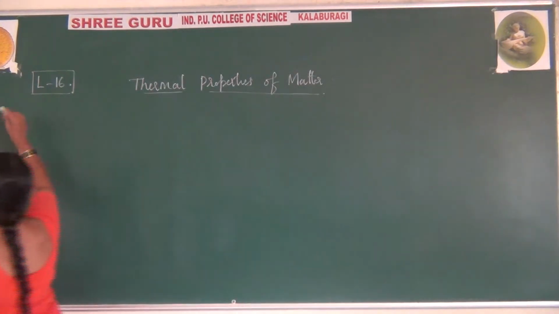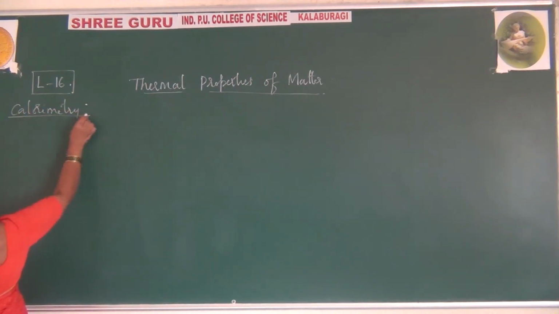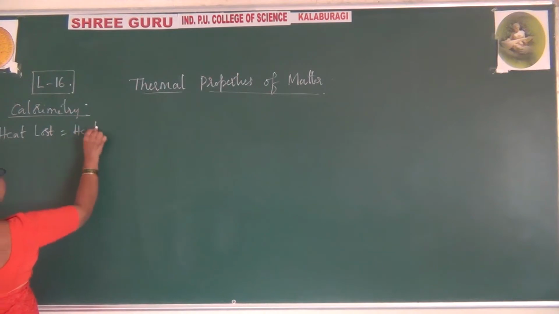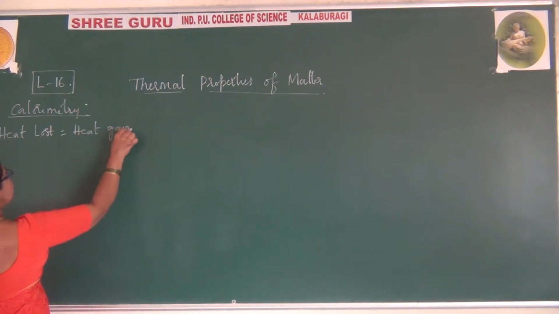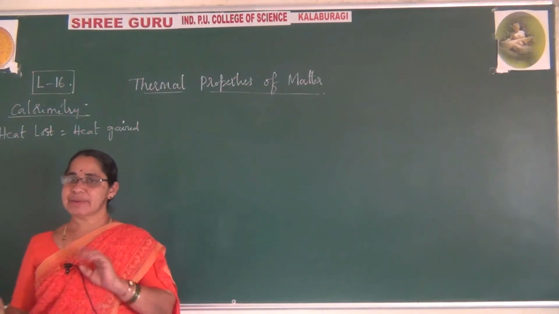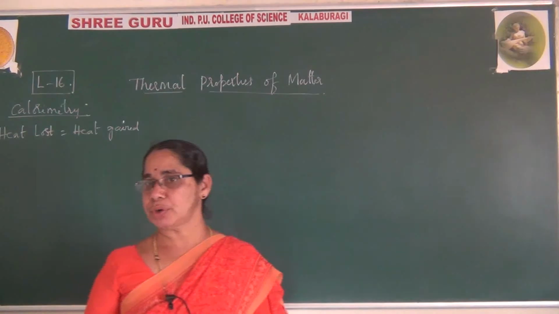So calorimetry, the principle in this is heat lost is equal to heat gain. This is the only principle we have for this. But how to solve problems, I'll tell you how to do it.